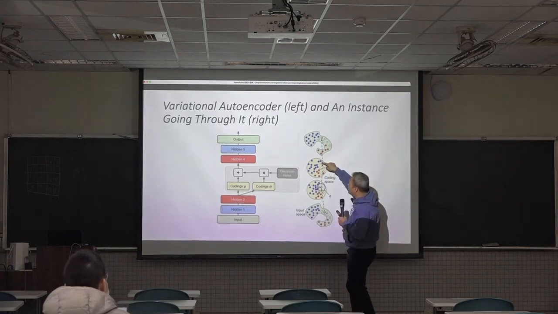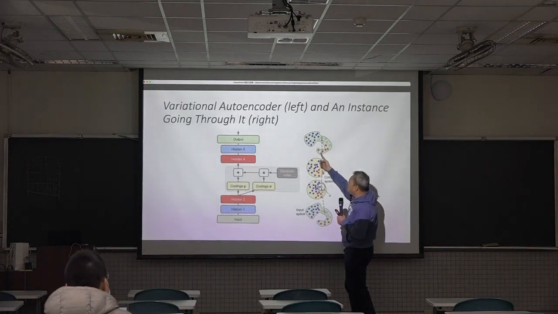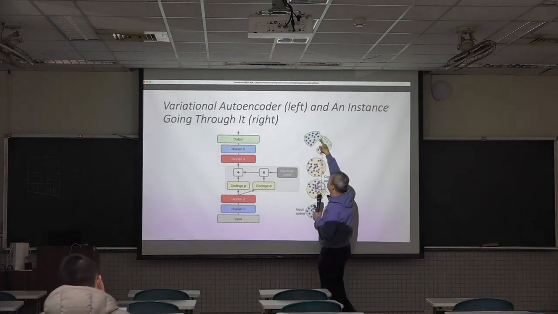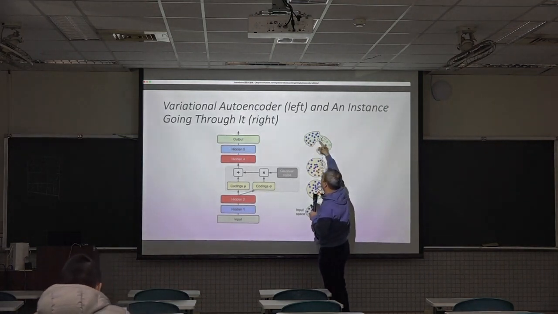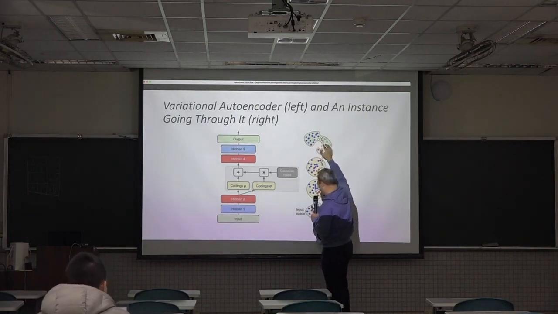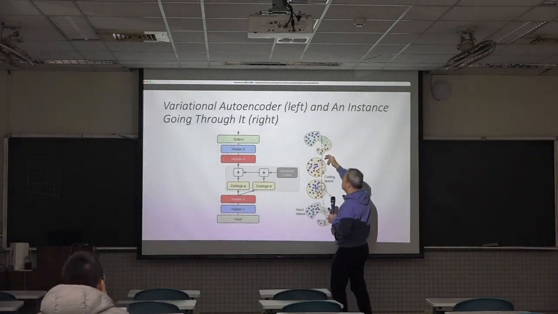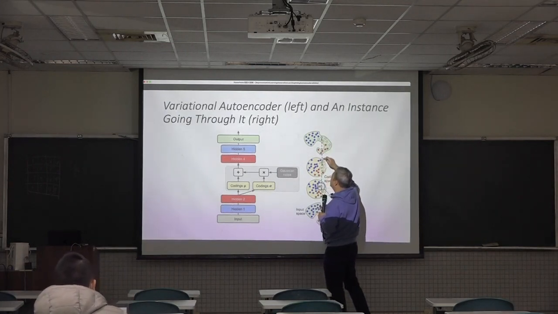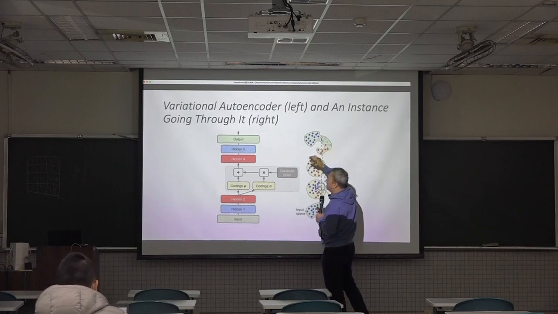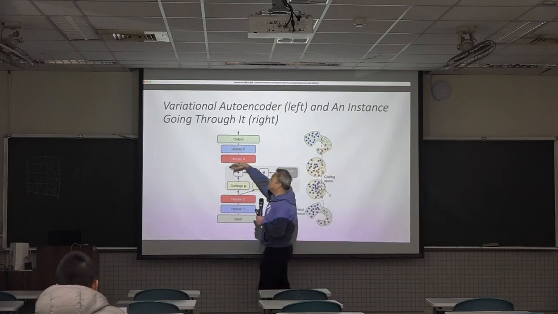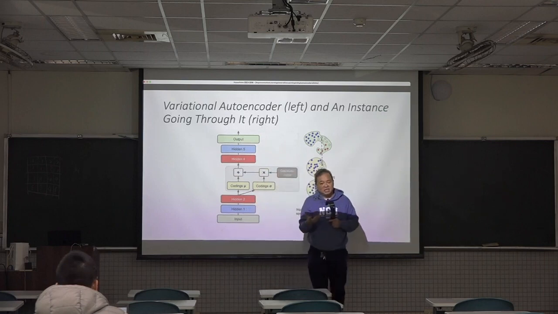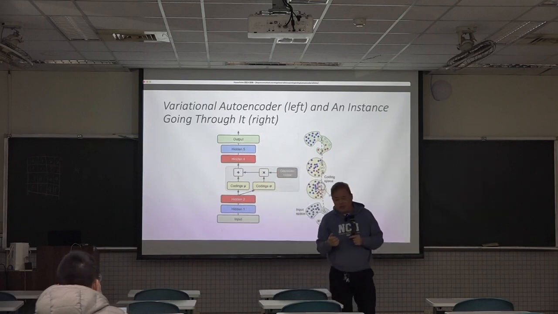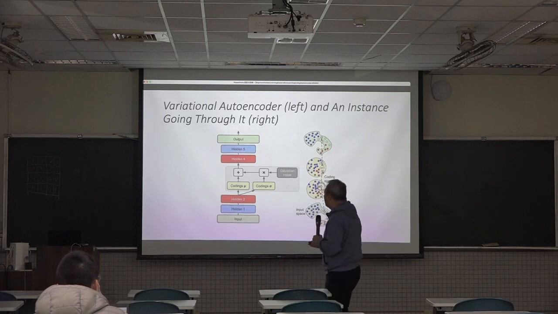This one will be converted back to the original shape. We are going to reconstruct the input using this instance, trying our best to reconstruct it by using this decoder.